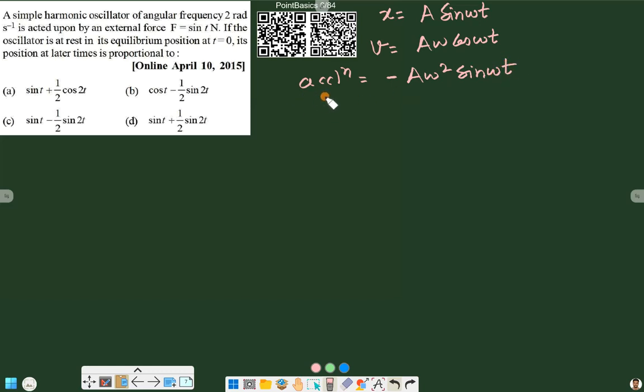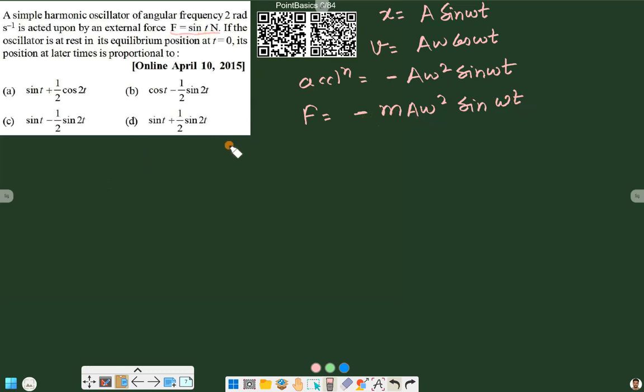So this is the acceleration, and if a particle has mass m, then the force will be minus m a omega square sin omega t. So this is the force of SHM, and this is some external force.